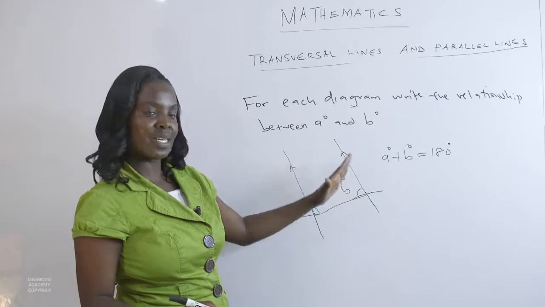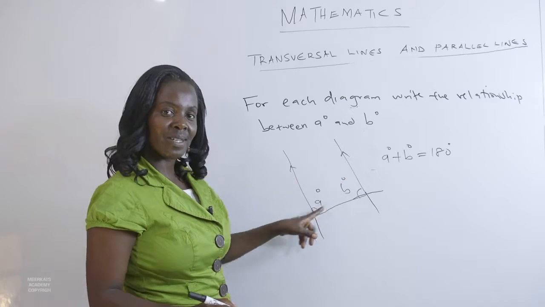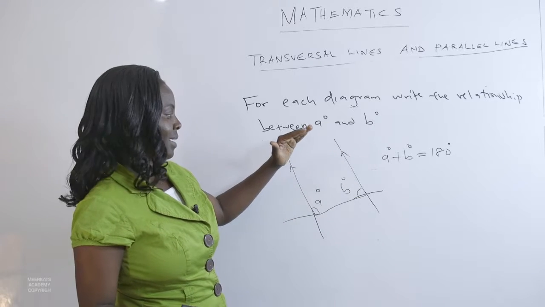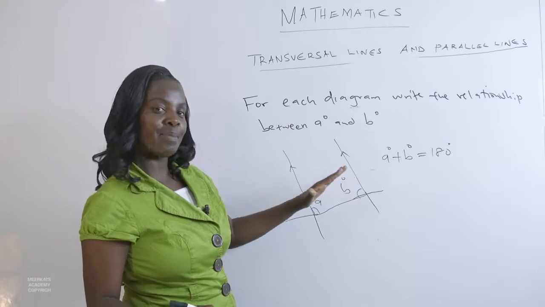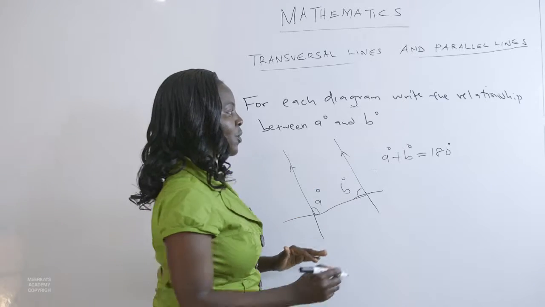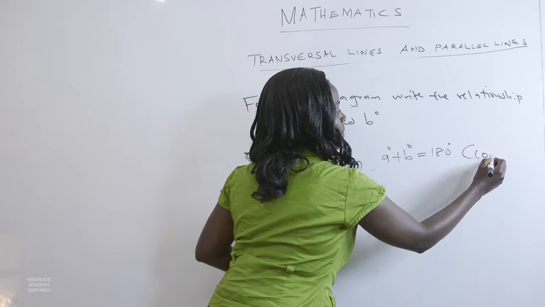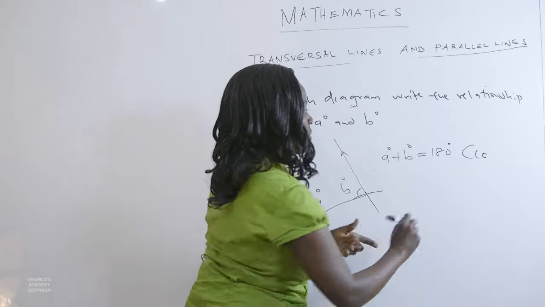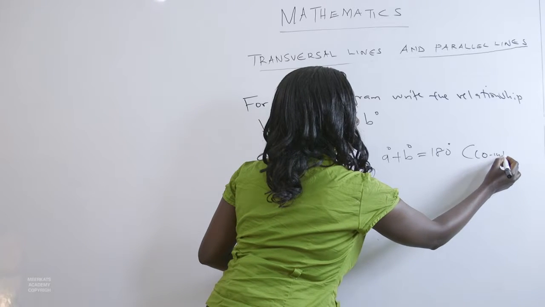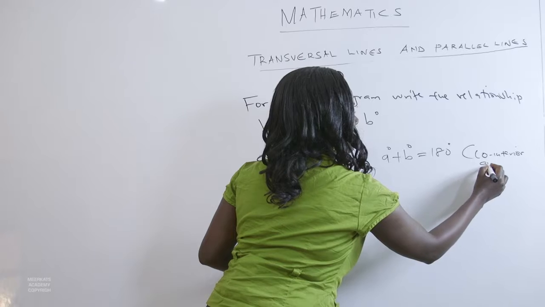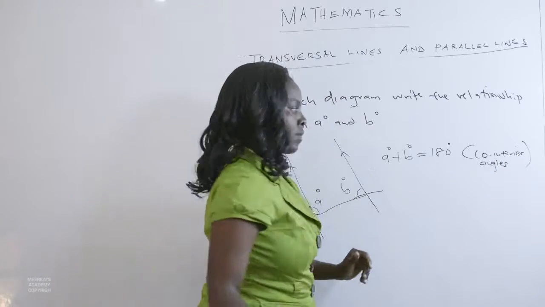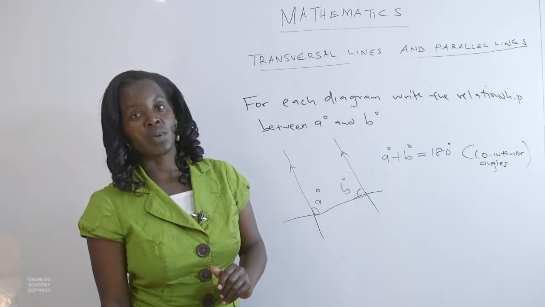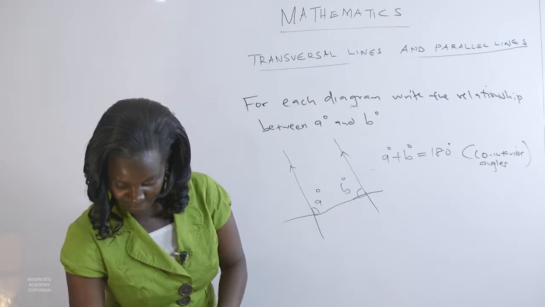The angles that are inside the two lines on the same side of the transversal are called cointerior angles. We said they are supplementary, adding up to 180 degrees.